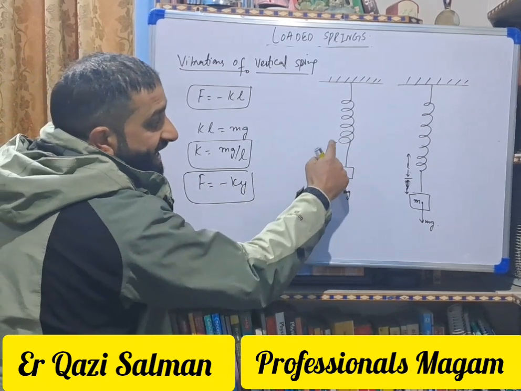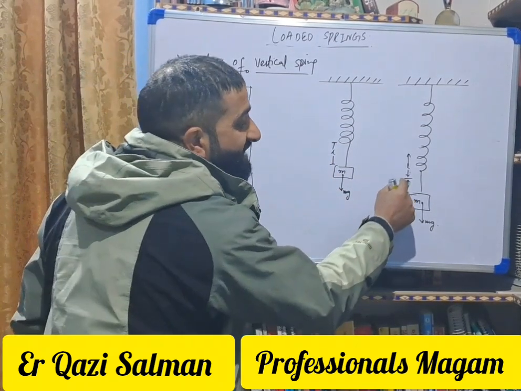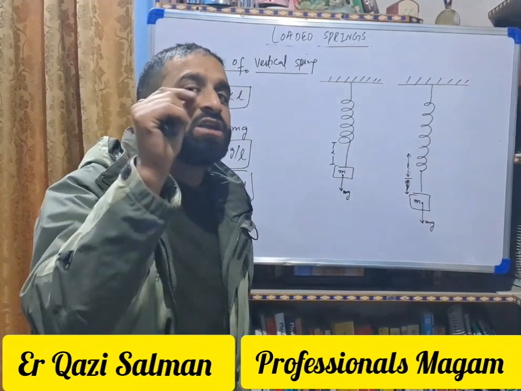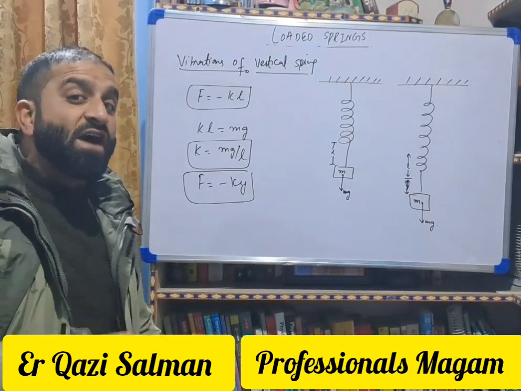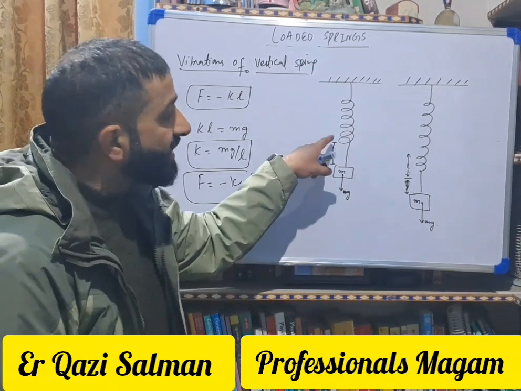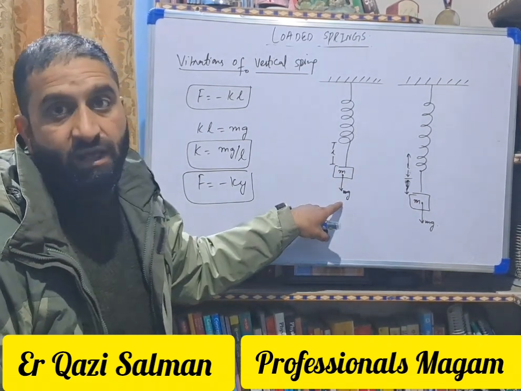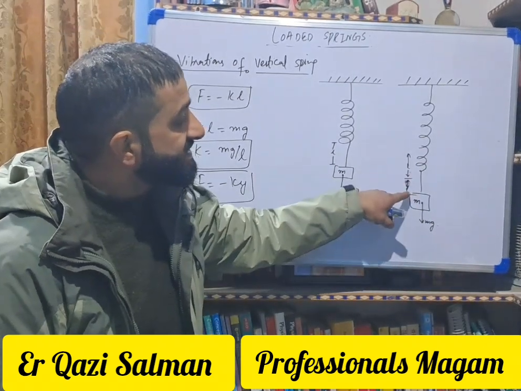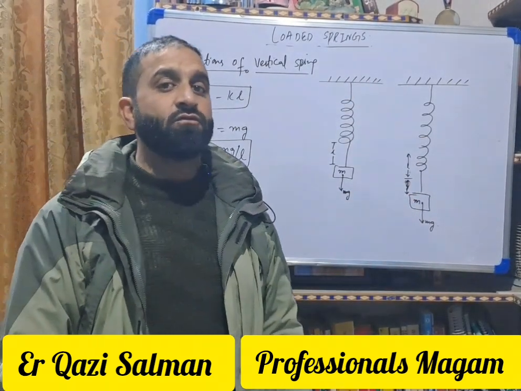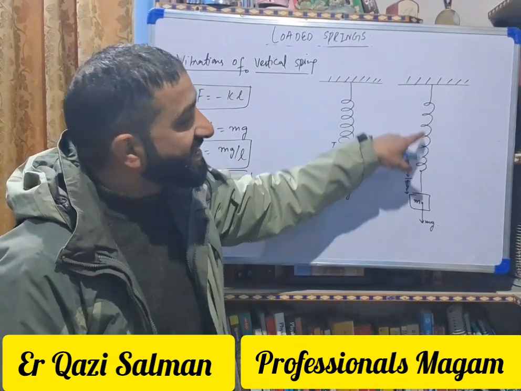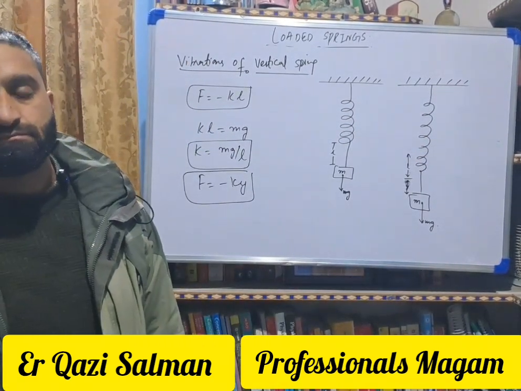So by the extension due to the weight, it is not going to vibrate, but by an extra extension of y, it is going to vibrate in the vertical direction. Here also there is a restoring force, but due to the extension by the weight applied, this is the effective restoring force. That effective restoring force enables this spring to vibrate in the vertical direction.